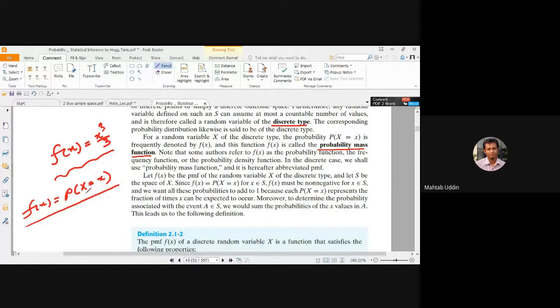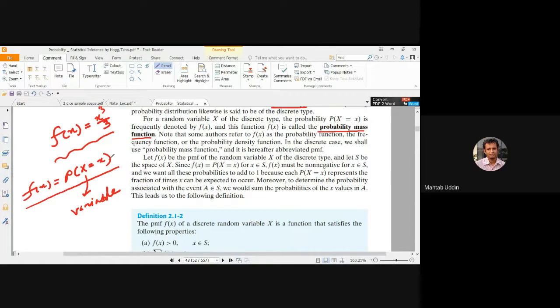Here, capital X is the declared variable. What is the capital X? The declared variable. And what is small x? Input.